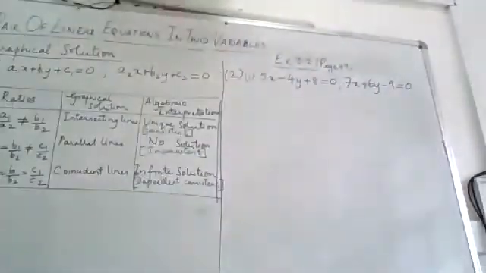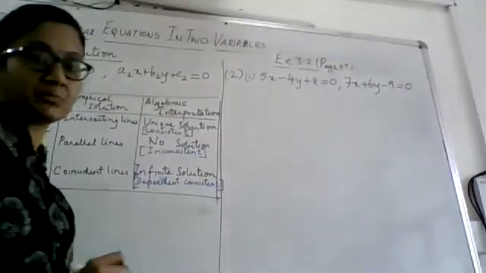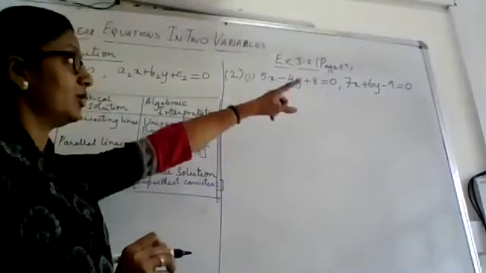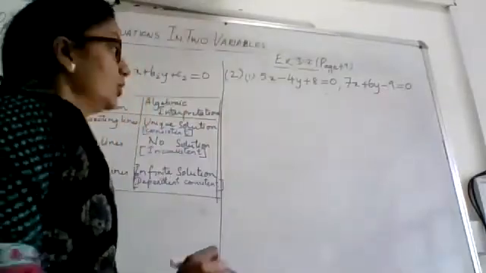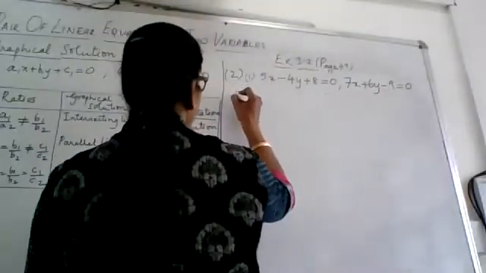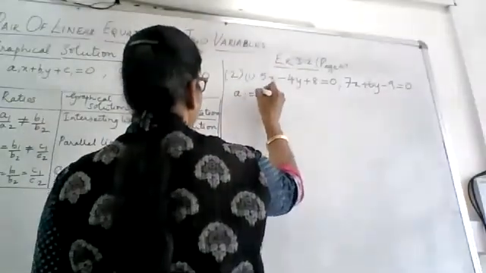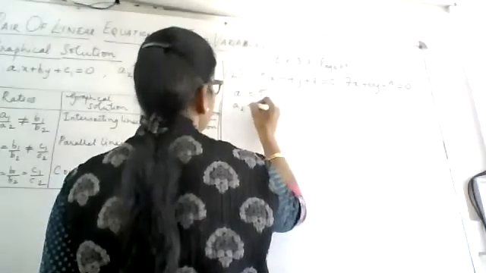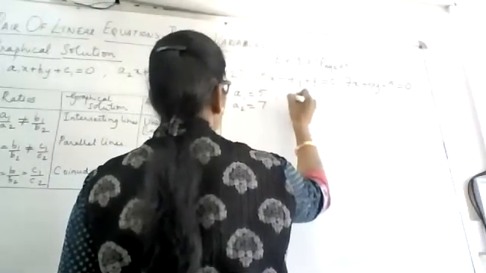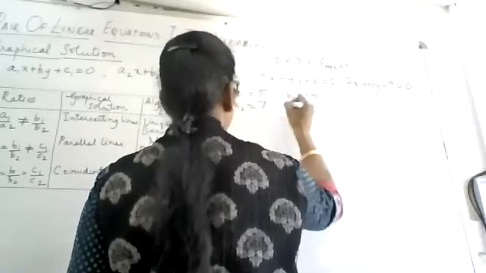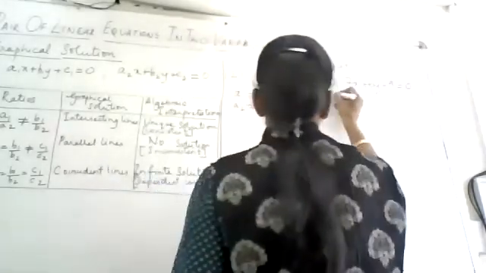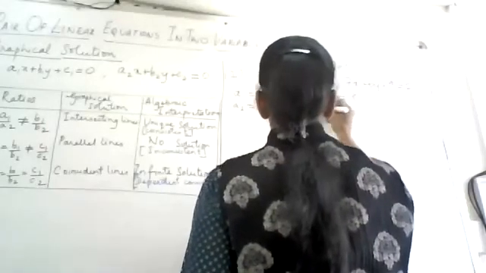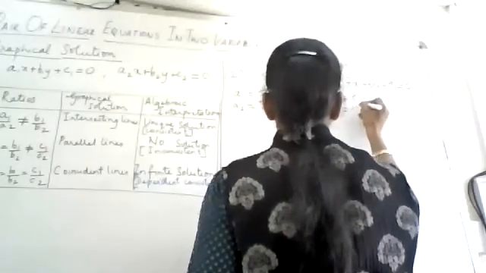So you compare the two equations as a1x plus b1y plus c1 equals 0 and a2x plus b2y plus c2 equals 0. So by looking at it, I can tell my a1 is positive 5, a2 is positive 7, b1 is negative 4, b2 is positive 6, c1 is positive 8 and c2 is negative 9.